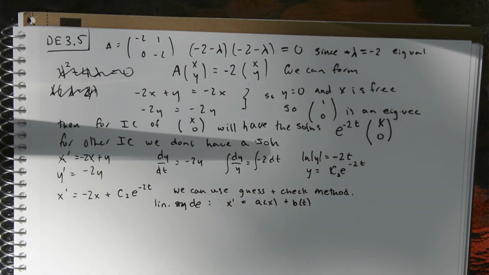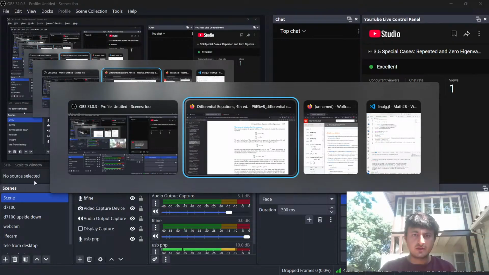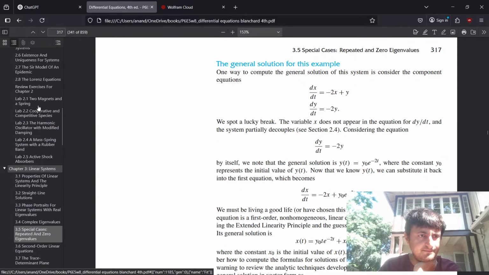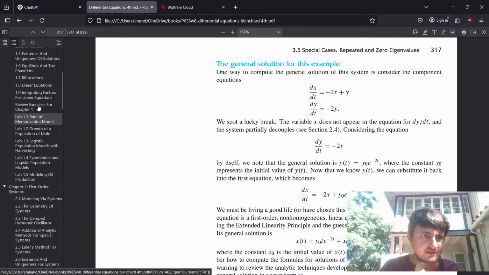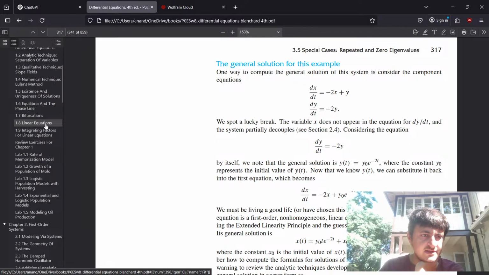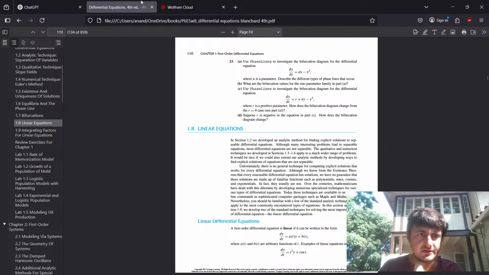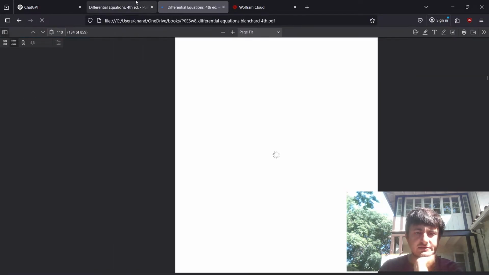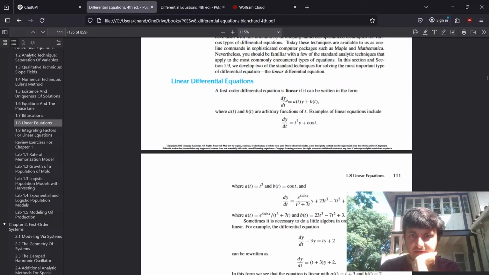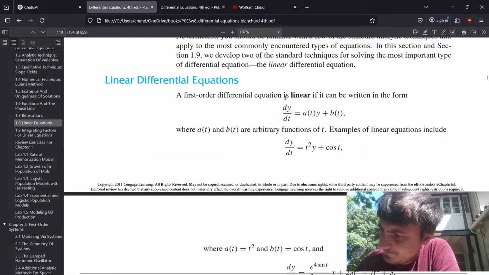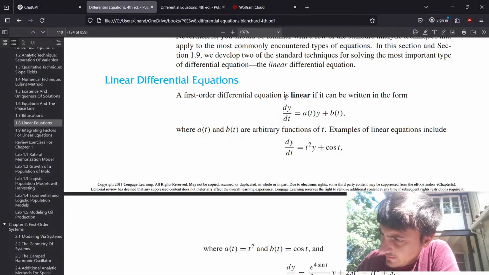Hold on, let me double check in the book. This is chapter 1. Actually, let's duplicate this tab. Oh yeah, okay. It's A of t times x plus b of t.